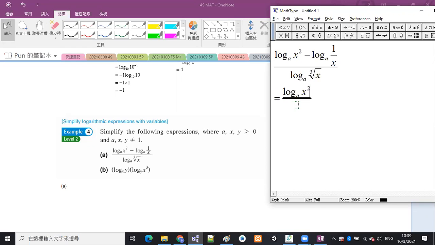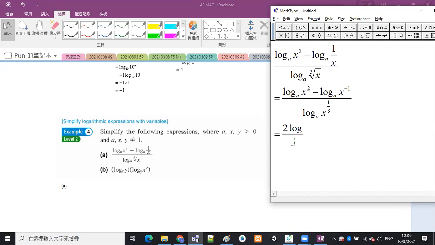OK,好,我哋呢題咁樣咯。咁我哋呢個 x square 我哋唔做住,等埋一齊先。log 1/x becomes x to the power -1。呢度仲有減嘅應該。OK, and then log x cube root becomes x to the power 1/3 base a. Okay, and then for the next step, I'm going to move all the indexes to the front of the log.